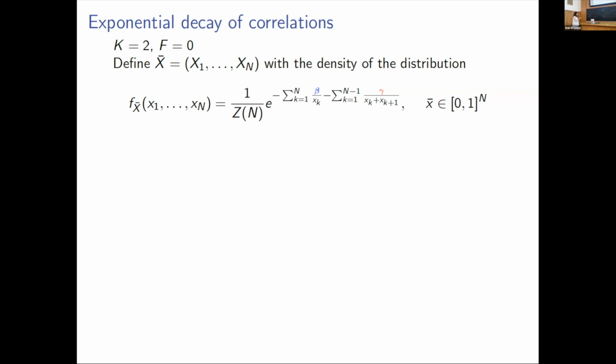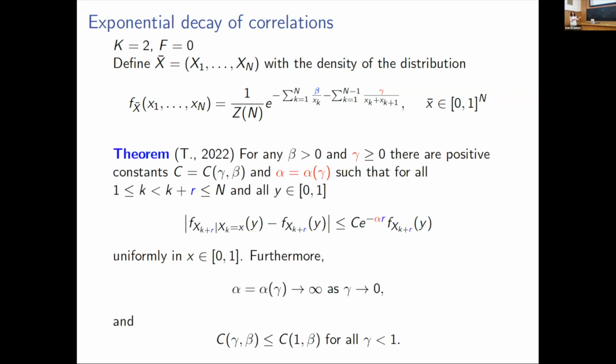So one of the first things that I humbly thought to do was to get the exponential decay of correlations. I really believe that after you get the exponential decay of correlations, everything in mathematical physics goes fine. But it was not even on the way to prove any CLT.